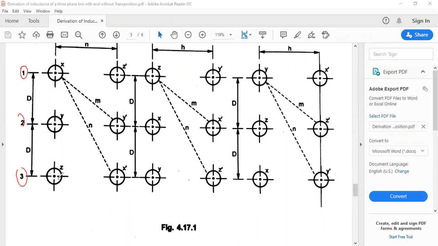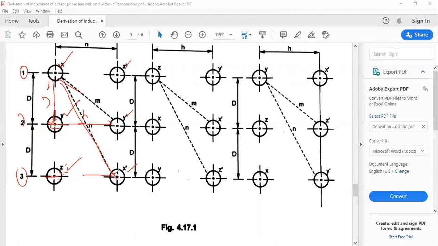So X, Y, Z, next X', Y' and Z'. For the next position with given distances, this distance is H, this one is also H, and the distance is D alone. If you want to find this distance, it is M and N there. So all the distances are given.